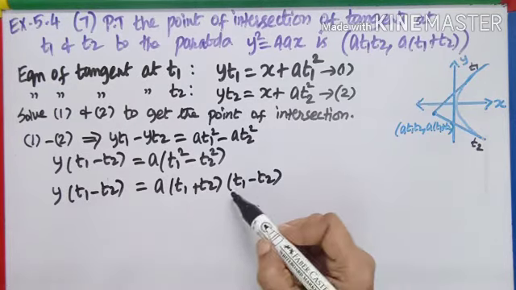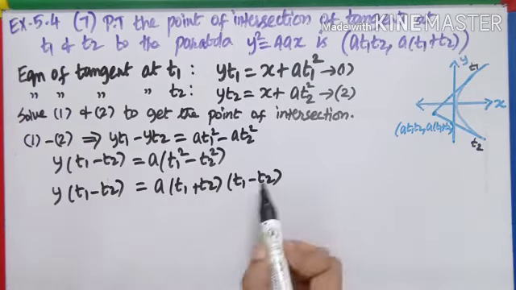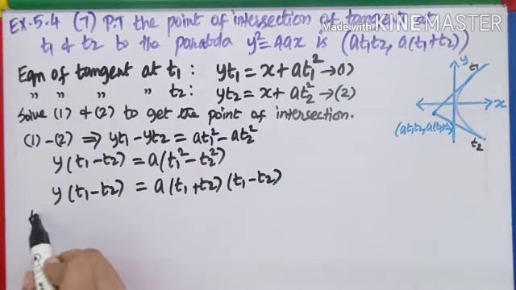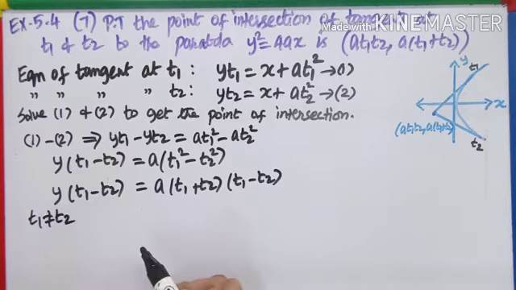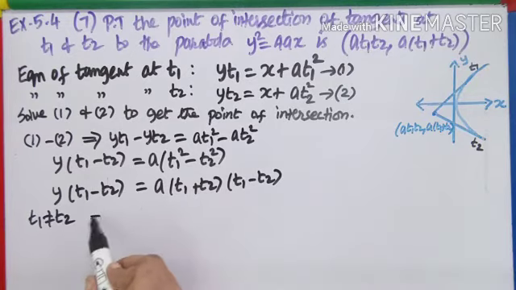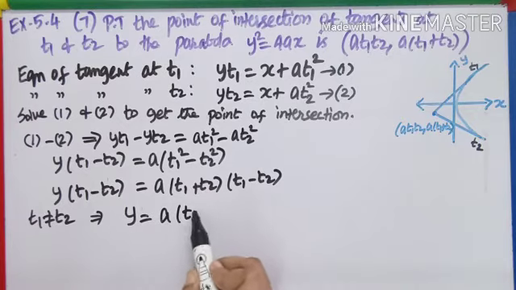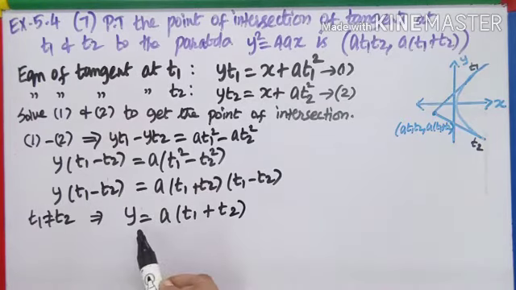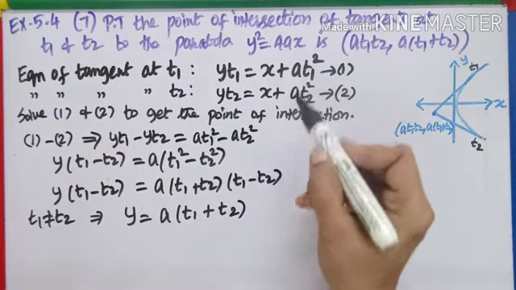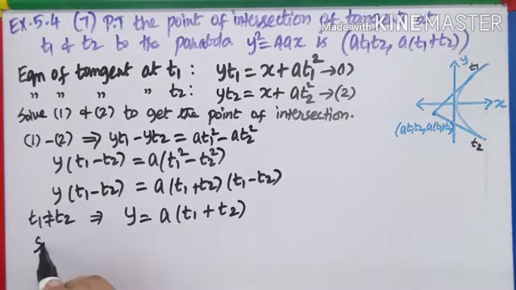We can cancel T1 minus T2 because it is not 0. T1 and T2 are not equal. So I can cancel. I get y equals a into T1 plus T2. Put the y value back in the first or second equation.